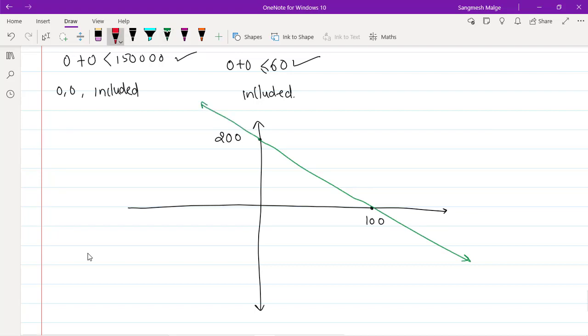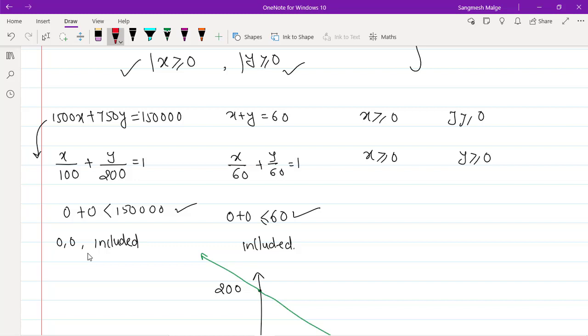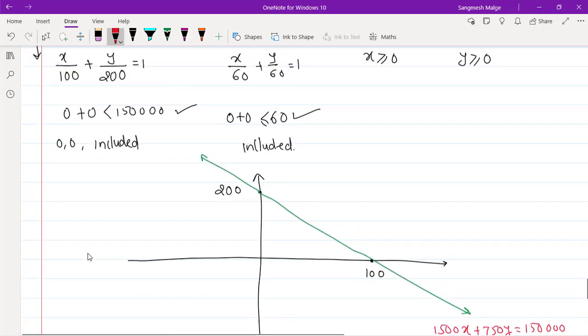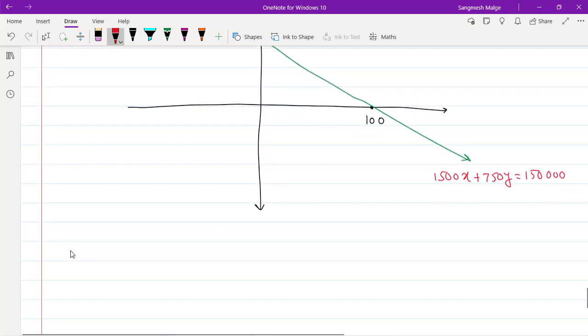Let's name this 1500x plus 750y equals 150000.